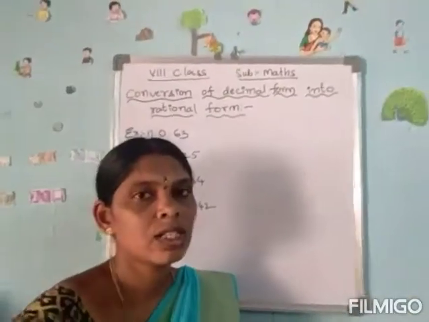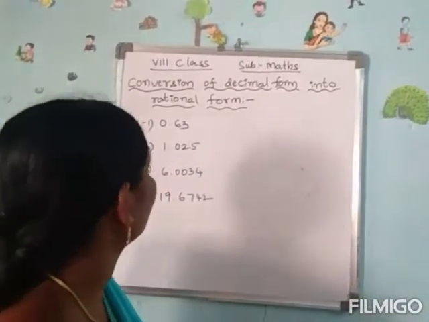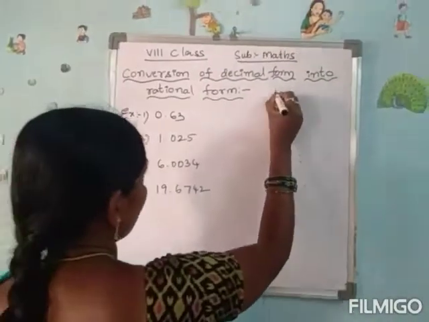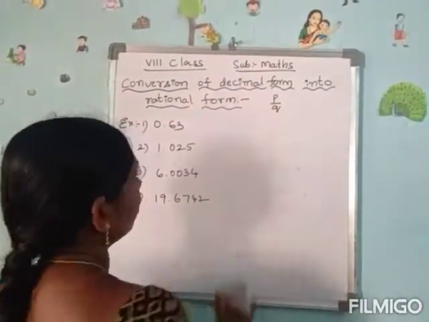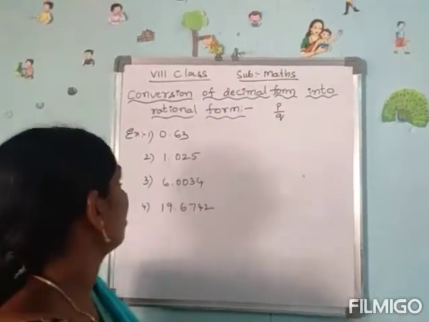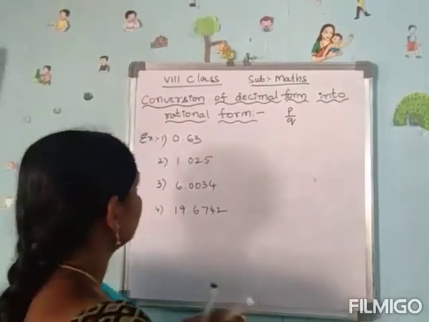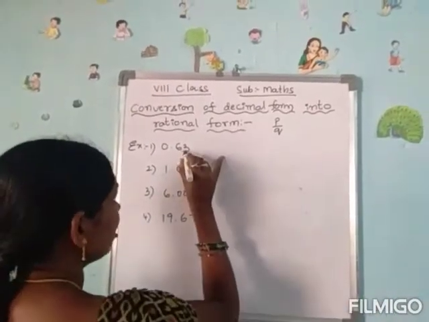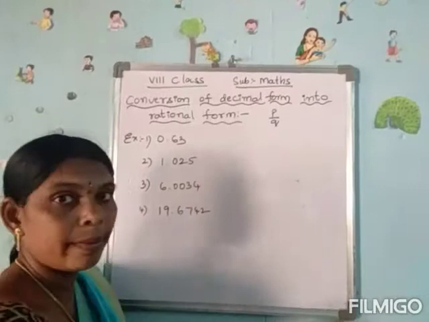Next, our next topic is conversion of decimals into rational form. Rational form means P by Q form. For example, see here, 0.63. It is a decimal form. We have to convert it into P by Q form.